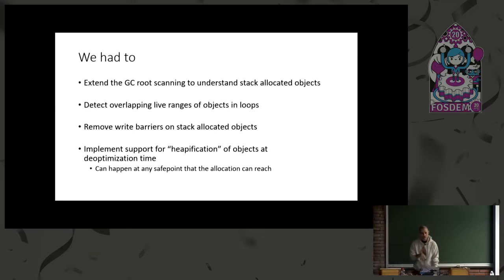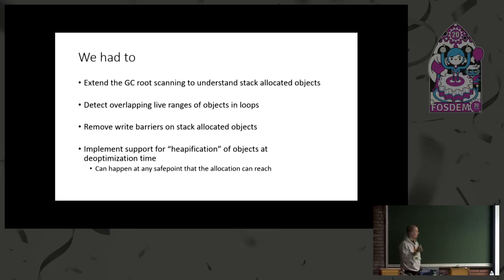A more subtle issue I'll describe later is detecting live ranges of objects in loops. And the other two items, removing the write barriers, we obviously can't do them because if you do a card mark on a stack location, it's not good. And then the other two were already being done, with similar code we found for scalar replacement.